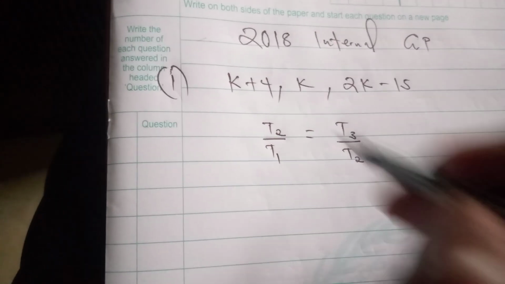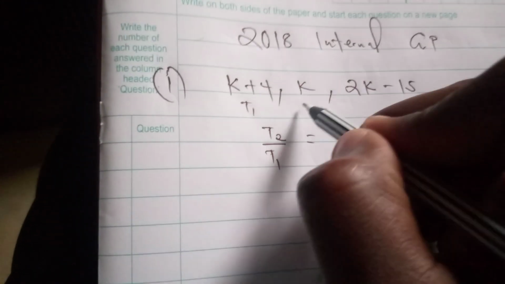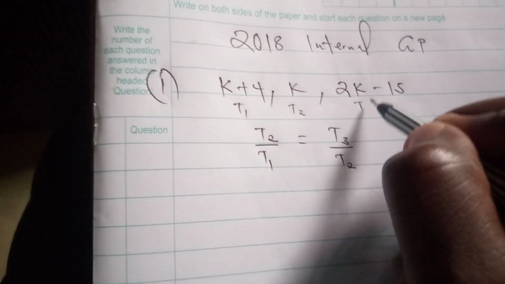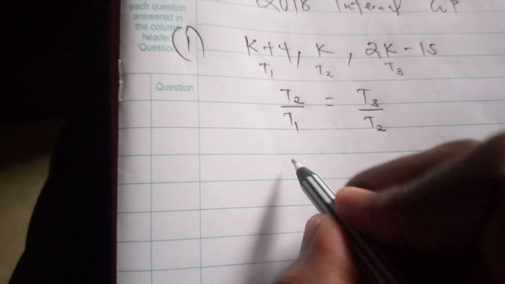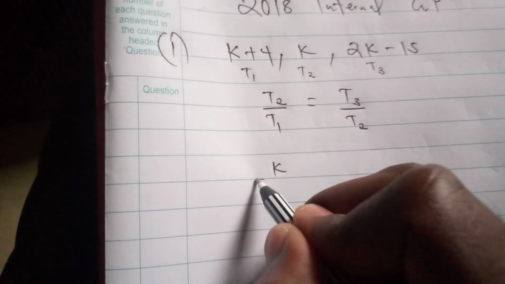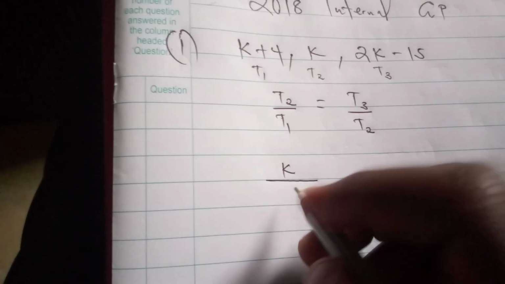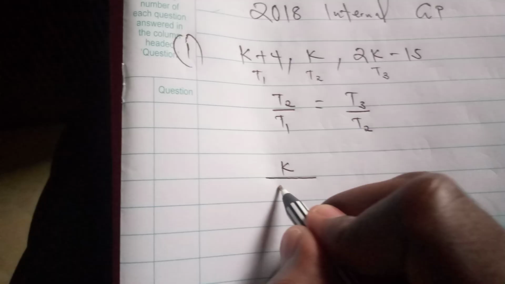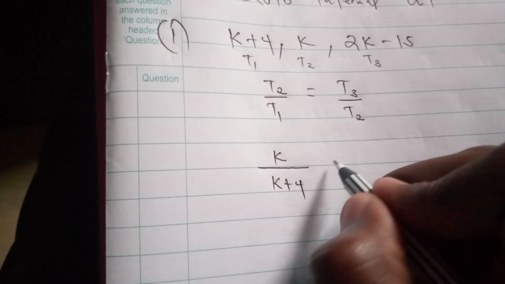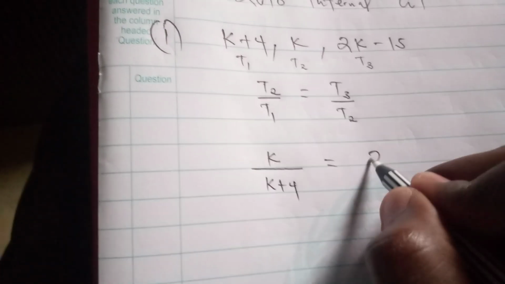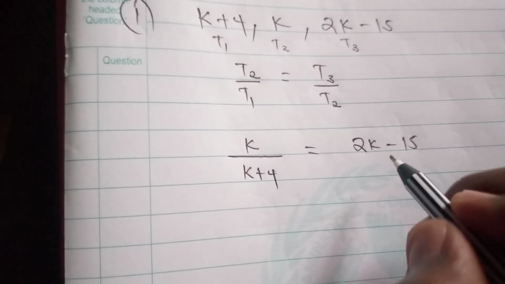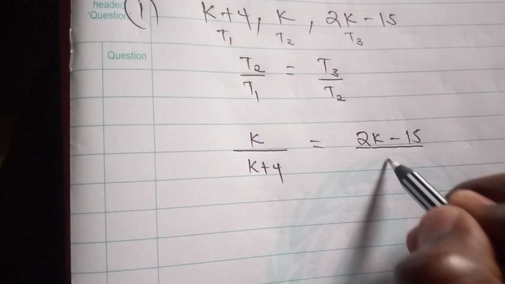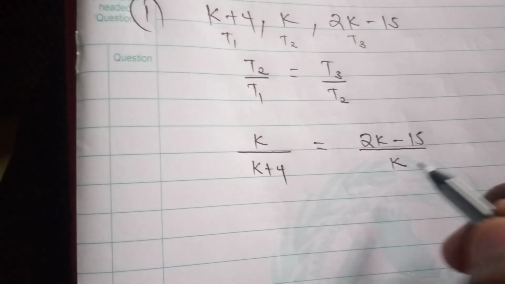So this is our first term, second term, third term. The second term is k, so we substitute in the formula: first term k plus 4 is equal to third term 2k minus 15 over k, the second term.